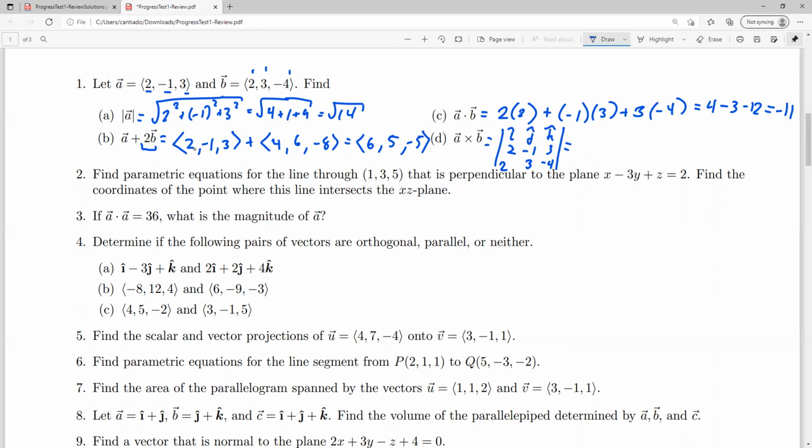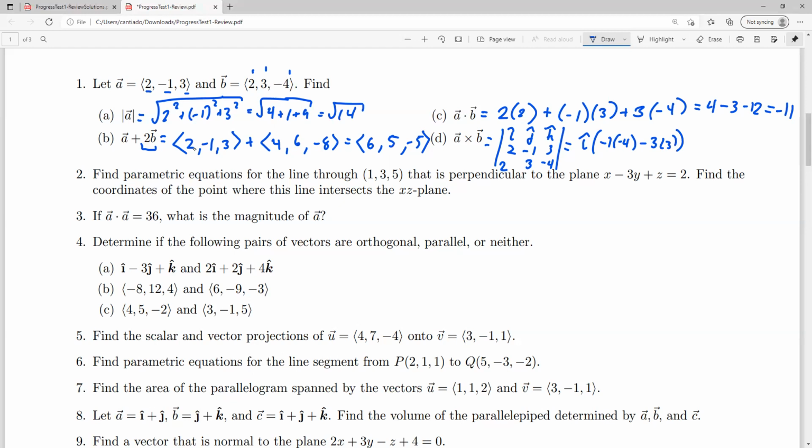We're going to be doing cofactor multiplication, I think it's called, using the first row. So i hat times the determinant of this 2 by 2 submatrix: negative 1 times negative 4 minus 3 times 3. Remember the plus and minus rules when doing the determinant of a matrix.